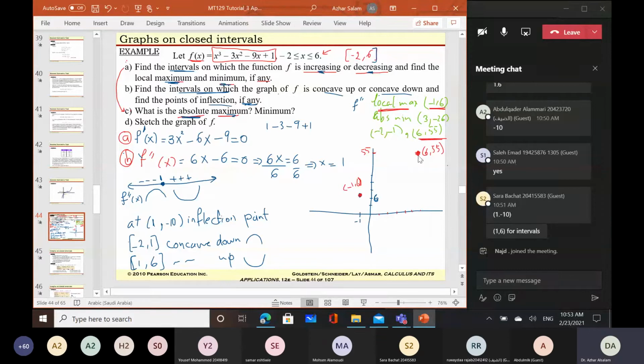This is the endpoint, which is my absolute maximum in this interval. And I have also an absolute minimum at 3 and minus 26. This is a 3, and minus 26, let's say it's at this point.